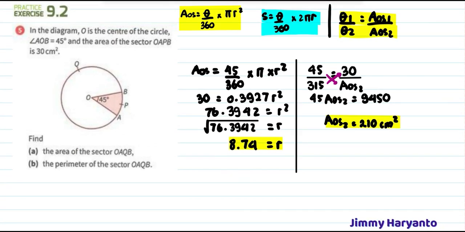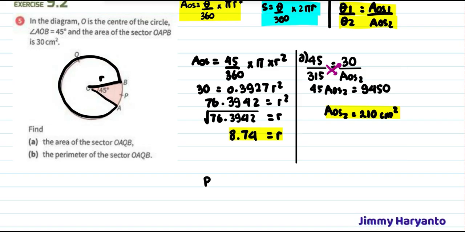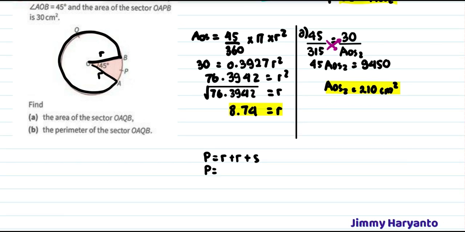AOS equals 210. For the radius, we will use it for the perimeter. So for the perimeter of OAQB, that means you will have R plus another R plus the arc length. So perimeter equals 2 times 8.74, we have 2 R's, plus the arc length.